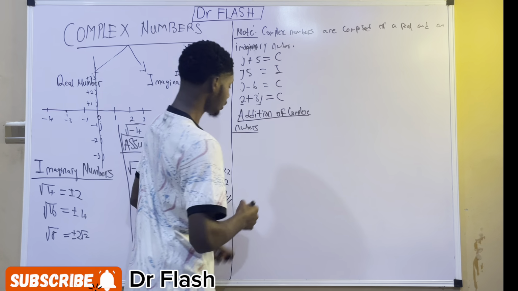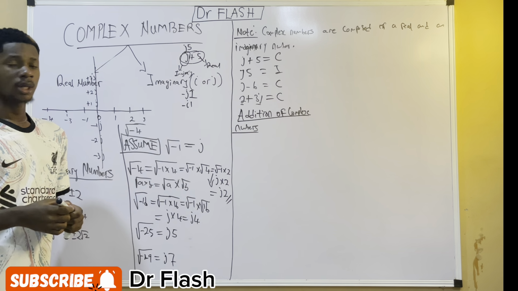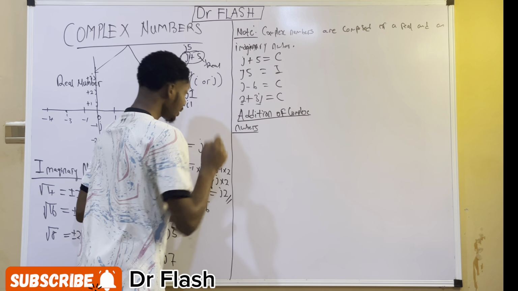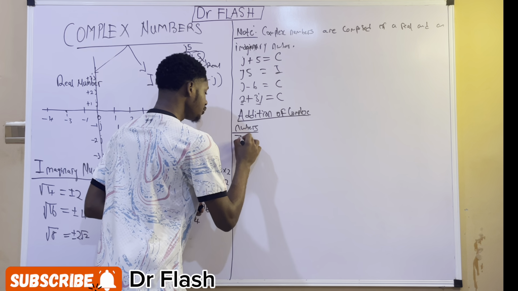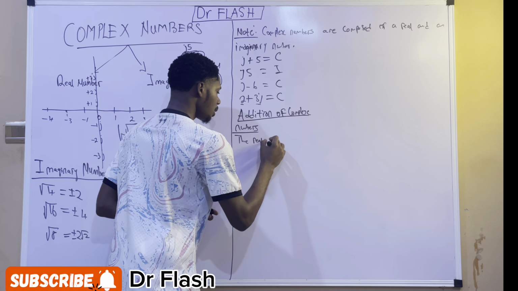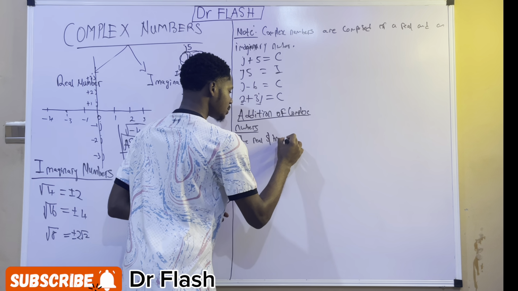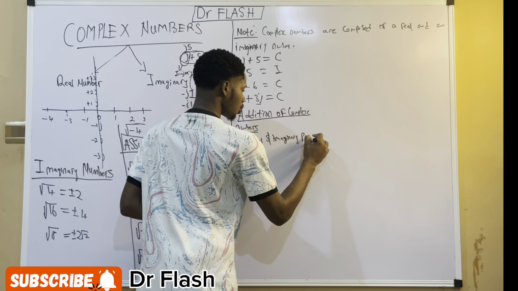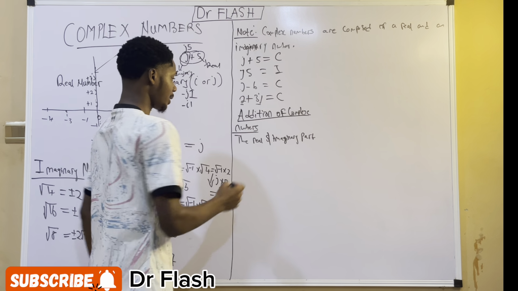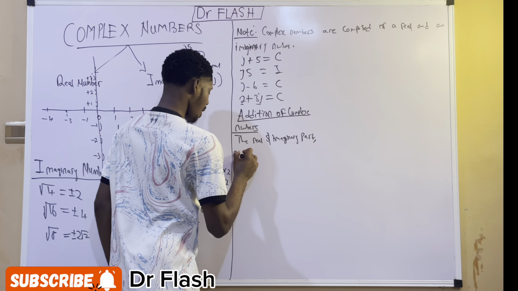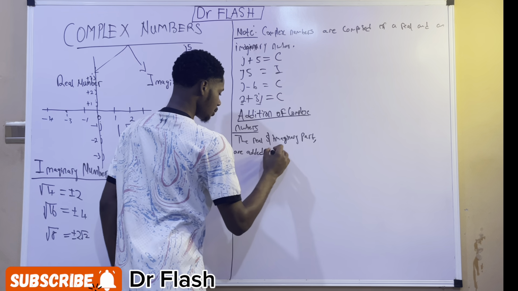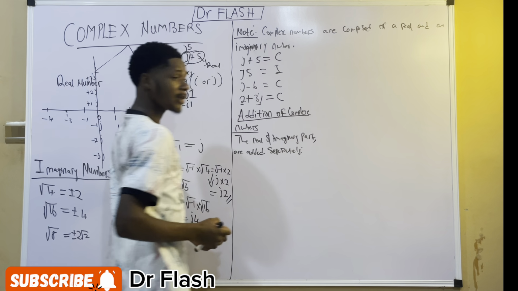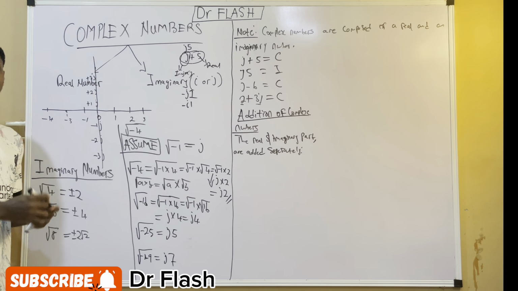Now, to add a complex number, the real and imaginary parts are added separately. Okay, now what do I mean by this? That the real and imaginary parts are added separately.